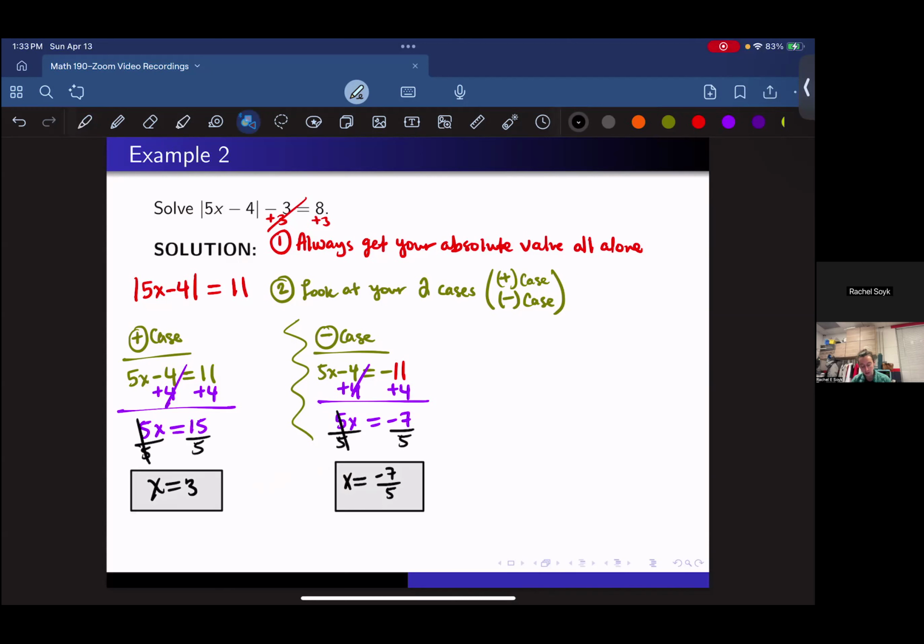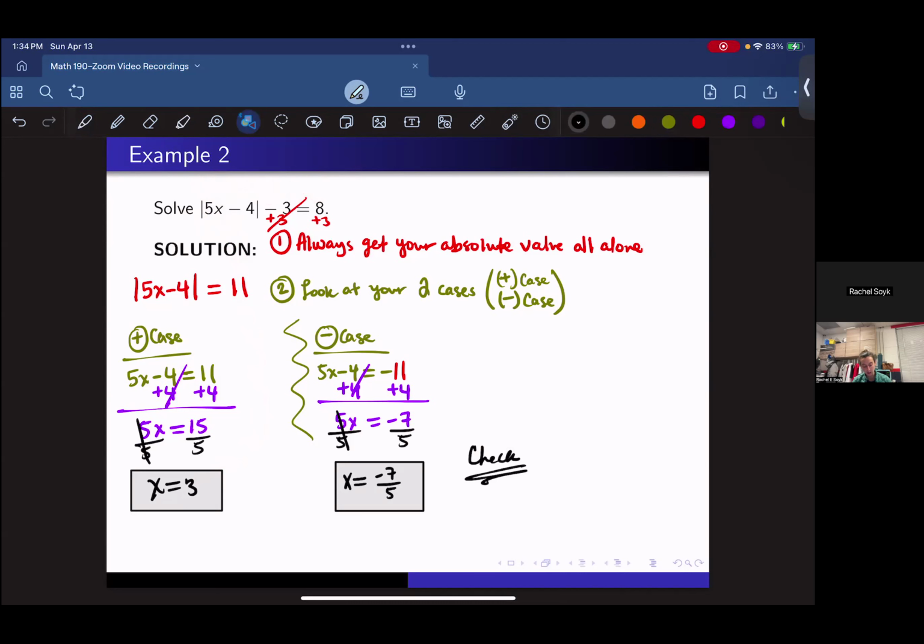And then our final last step is we need to check to make sure both solutions work. So if we plug in 3 back in, we get 5 times 3 is 15. 15 minus 4 gives you 11. Absolute value of 11 is positive 11. 11 minus 3, does that give you 8?